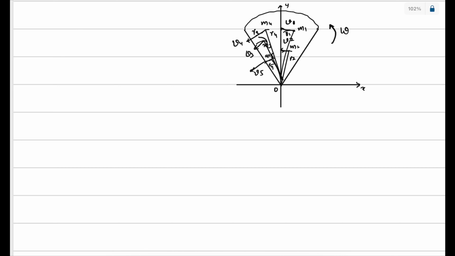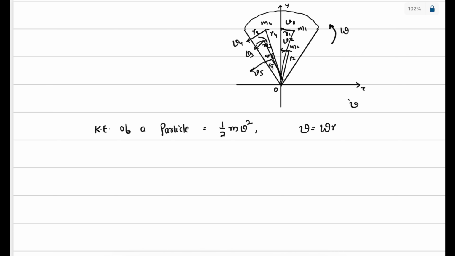Now, from the definition of kinetic energy, the kinetic energy of a particle is equal to half m v square. What is v? v is equal to omega r.